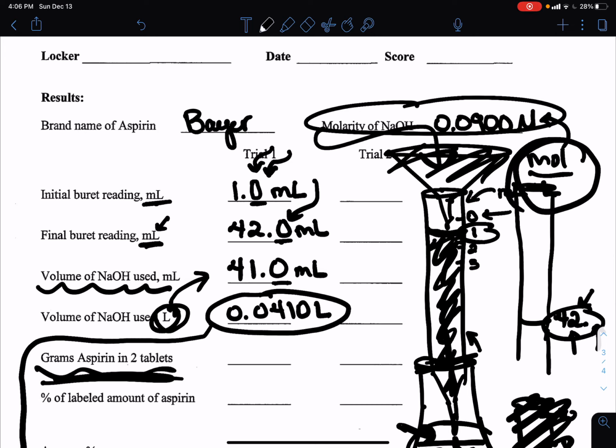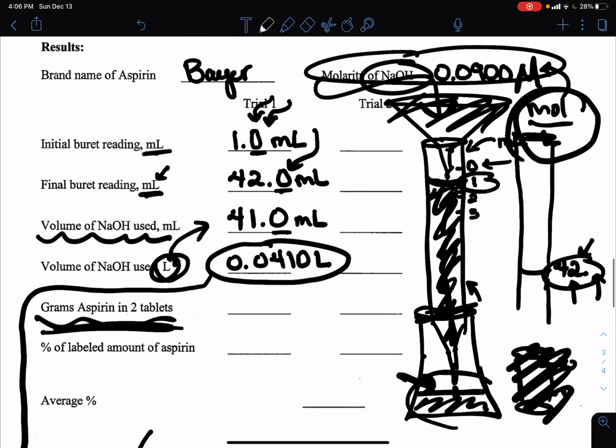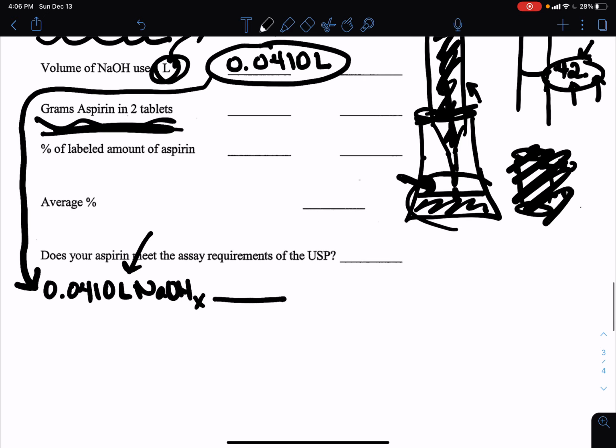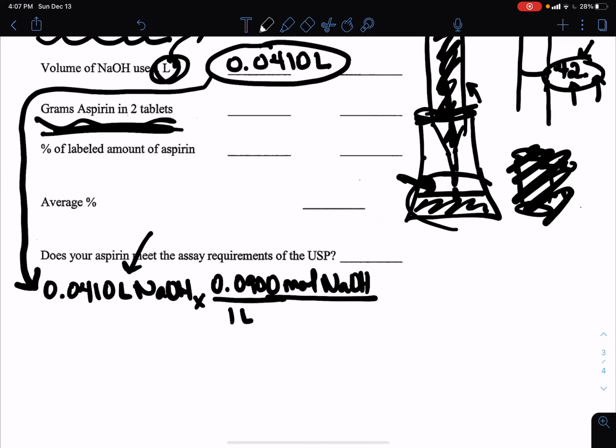Remember the big M means moles per liter, and this is NaOH. So I have 0.0900 moles of NaOH per liter of that solution. So for every 1 liter, I have 0.0900 moles of NaOH. Yay, I got rid of liters.